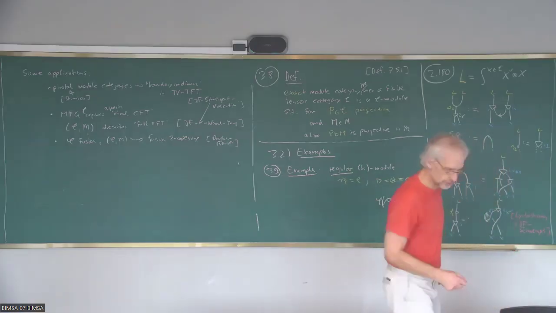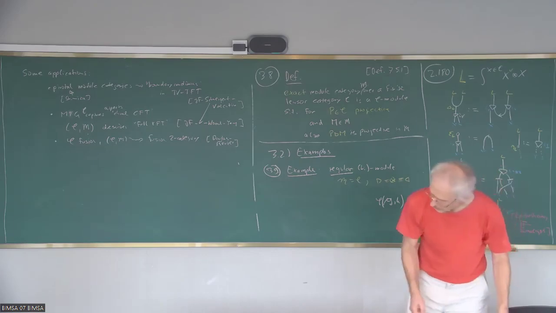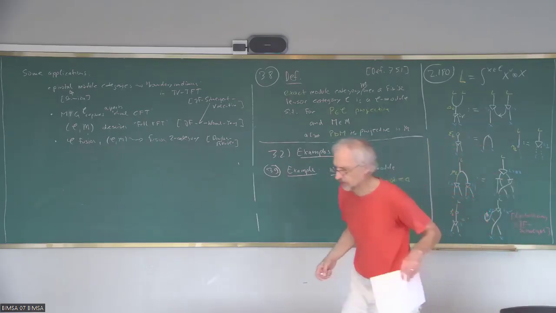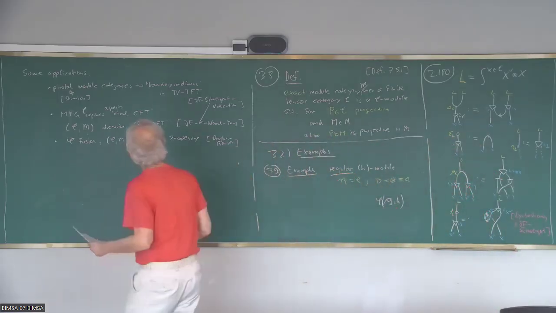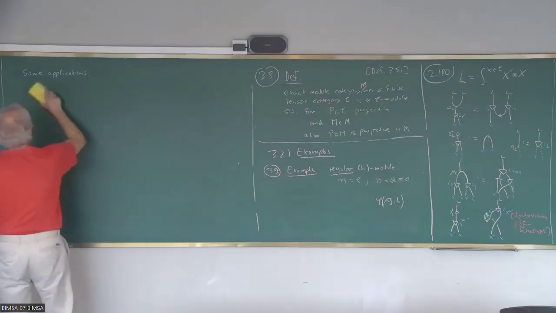And then once we have module categories, we should also talk about module functors. This is expected, so I will not say too much about it, but I want to mention also module profunctors.